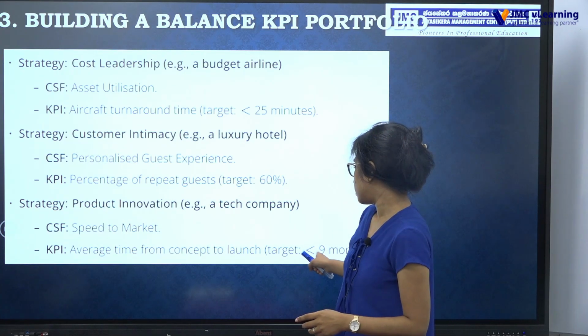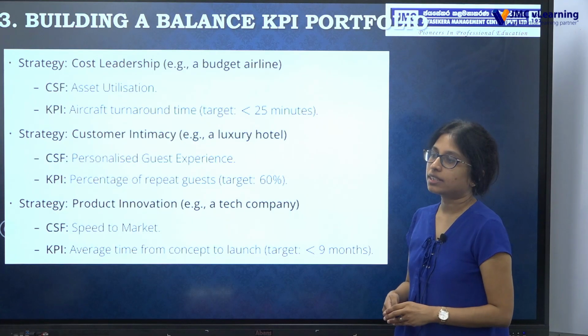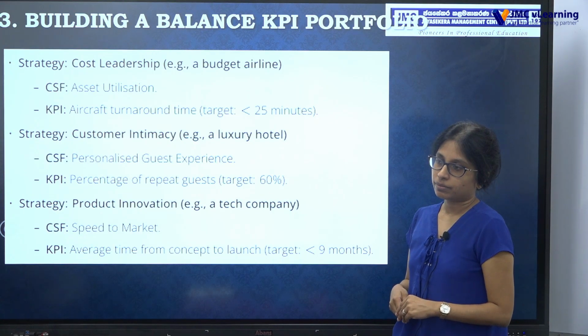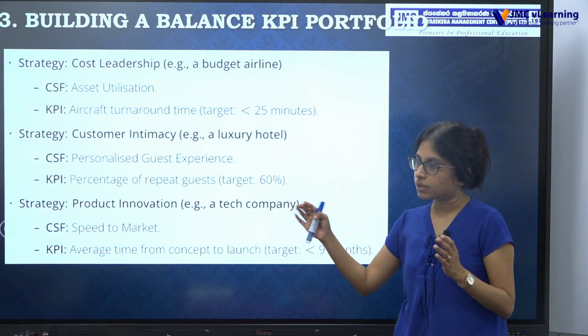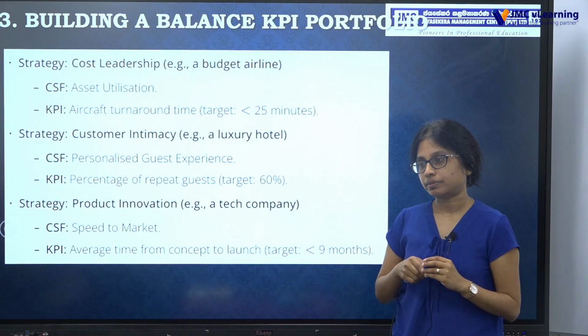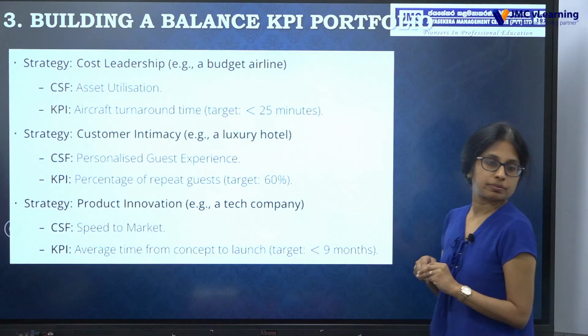So the average time from concept to launch should be lesser than 9 months. You think of something today, within 9 months it should be in the market. Yeah, so likewise.